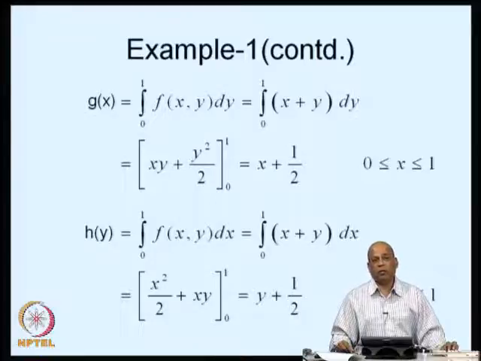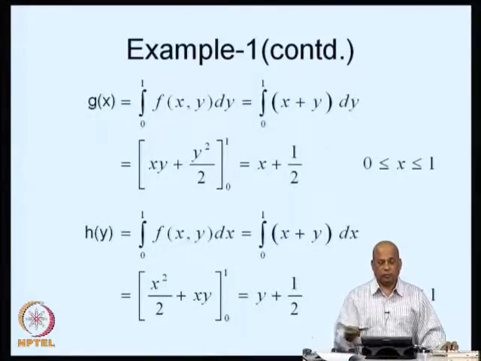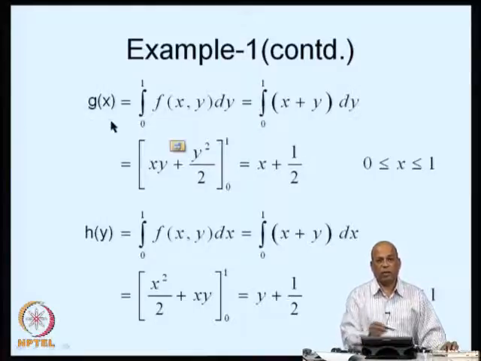Recall that the marginal density g of x is the integral of the joint density over y with respect to y. So, when we integrate this, these are the limits for y, and then when we integrate this, you get x plus 1 by 2 as the marginal density of x.